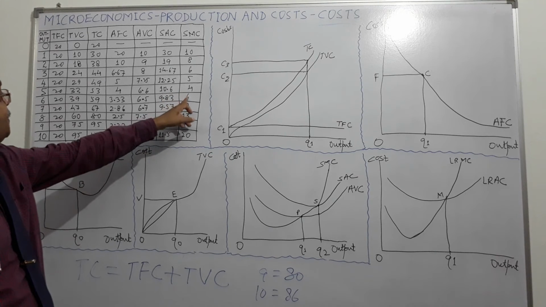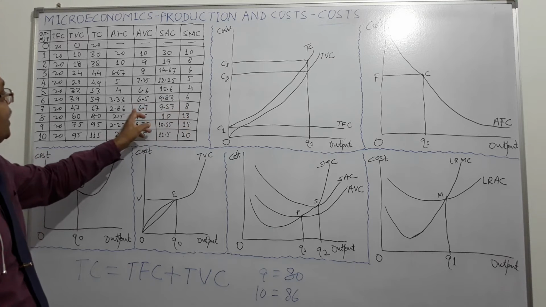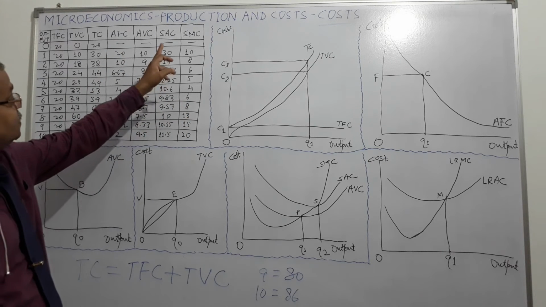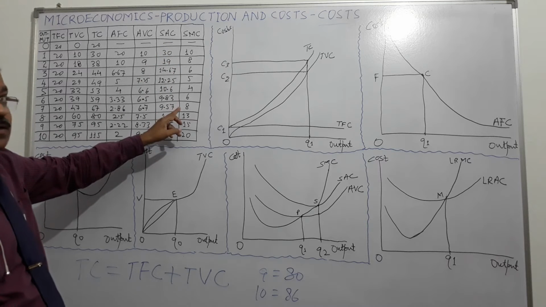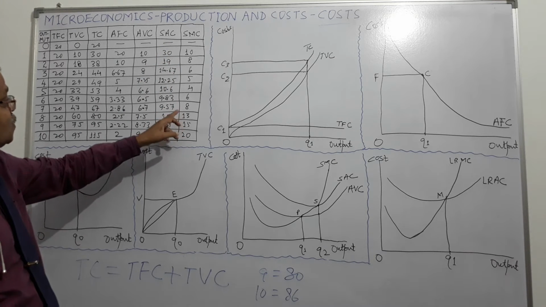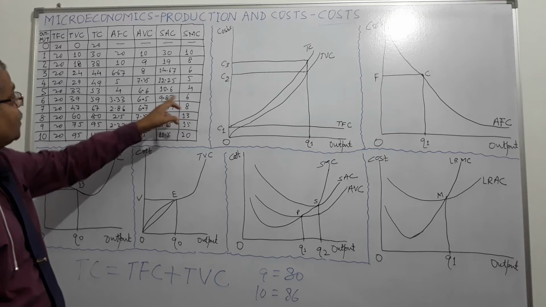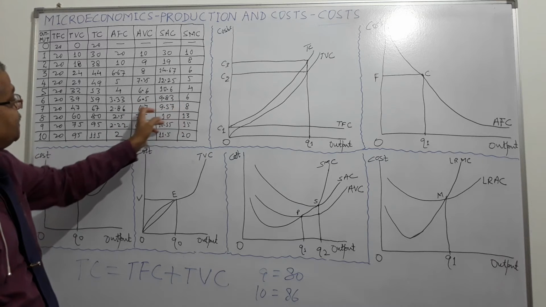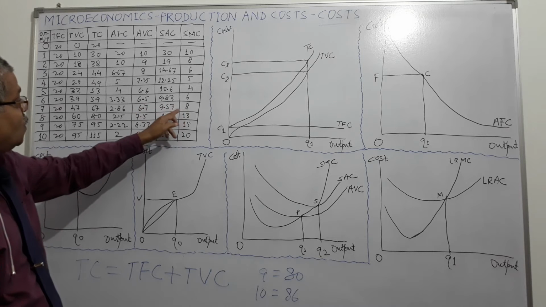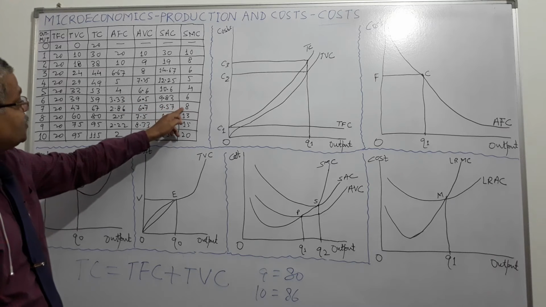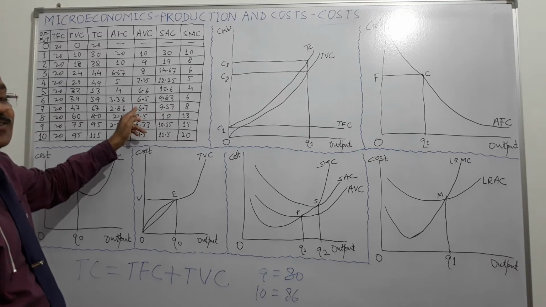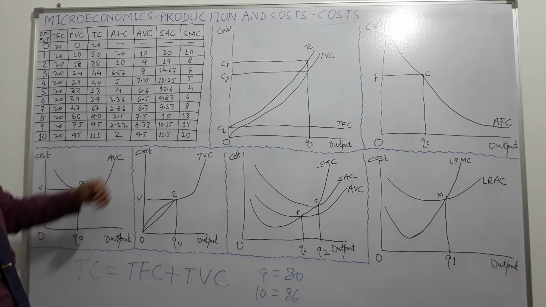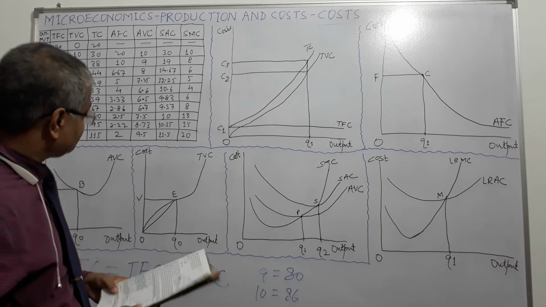You can compare these two, right? When marginal cost has become more than this, or average variable cost has become less than marginal cost, then average variable cost starts increasing, right?